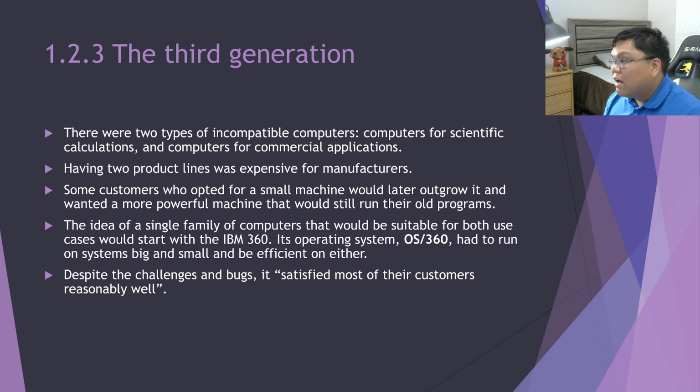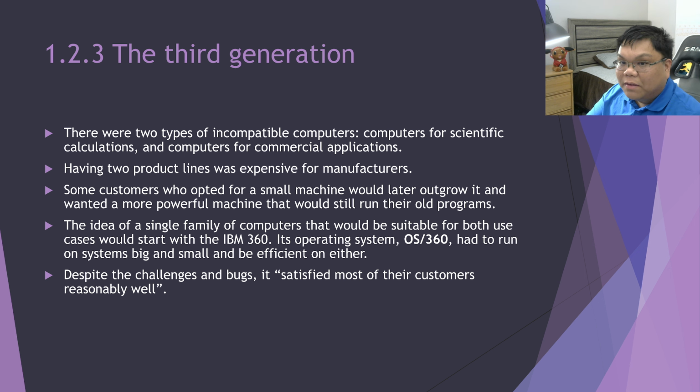So the idea of a single family of computers suitable for both use cases would start with something called the IBM 360. Its operating system, OS 360, basically had to run on systems big and small and also be efficient on either type of machine. And despite the challenges, it was said to satisfy most of the customers reasonably well. So that's the third generation of computers.